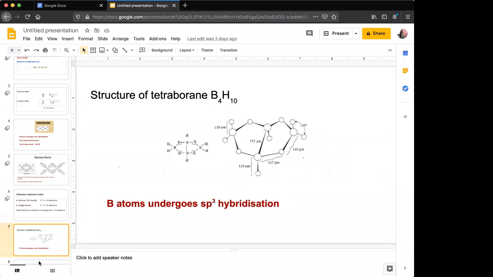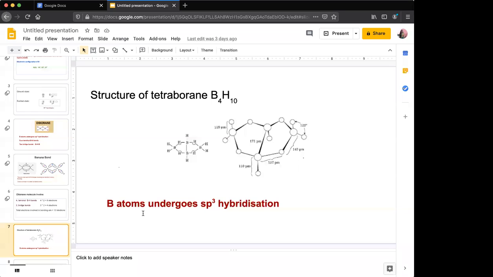Now the next structure is tetraboron, that is B4H10. So this is the structure of tetraboron B4H10. As you can see in this structure, there are total 6 BH bonds and 4 bridging bonds.